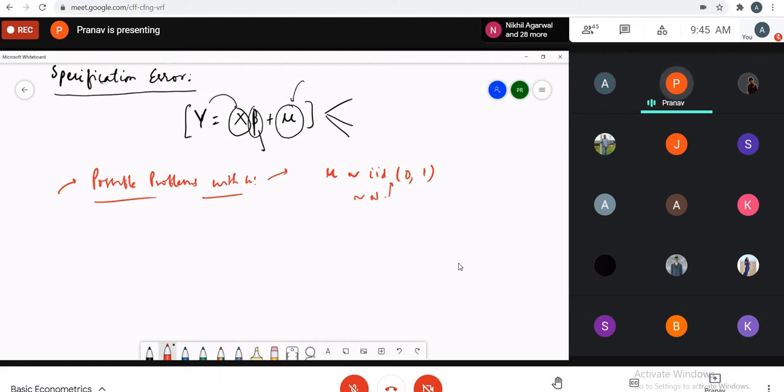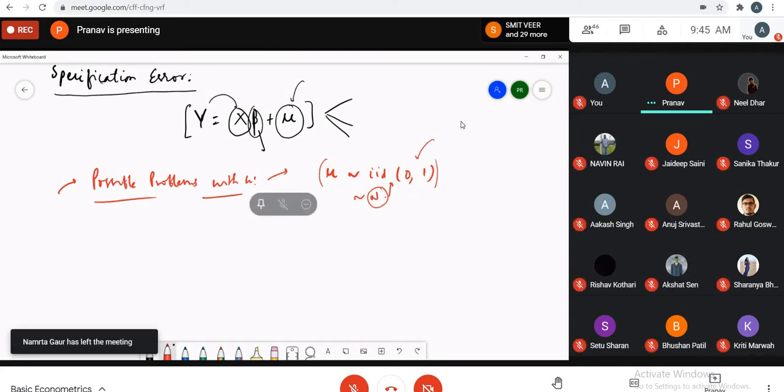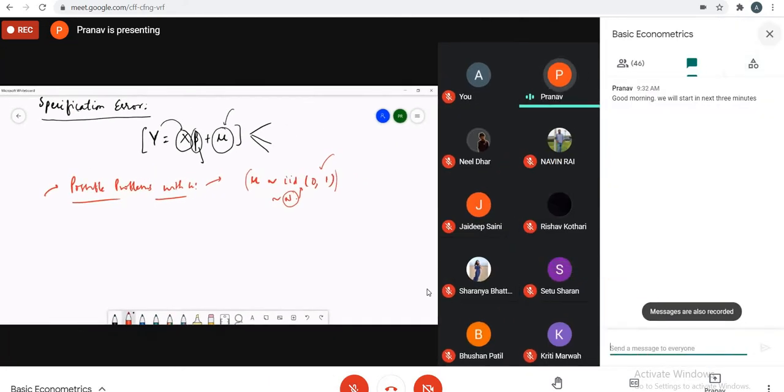However, if the error terms are still independent and identically distributed, but they are not normally distributed, what is wrong with the OLS estimators?